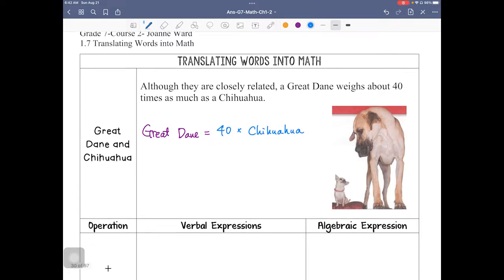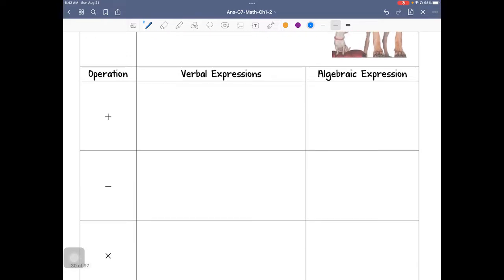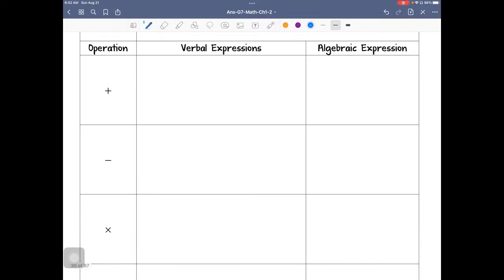So now there are several ways verbal expressions can be turned into algebraic expressions.